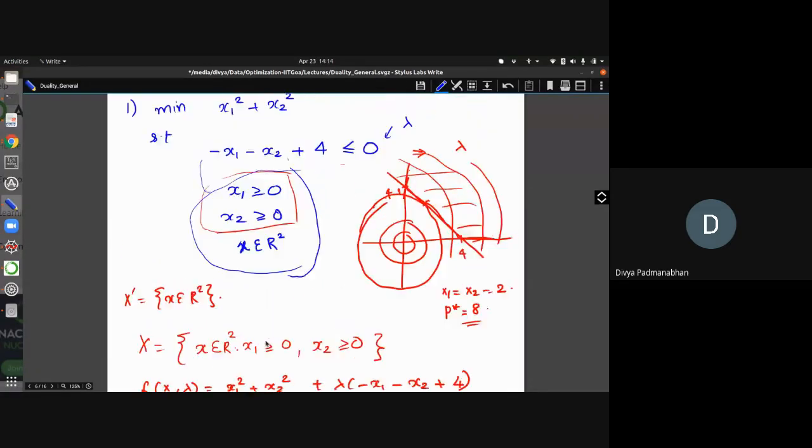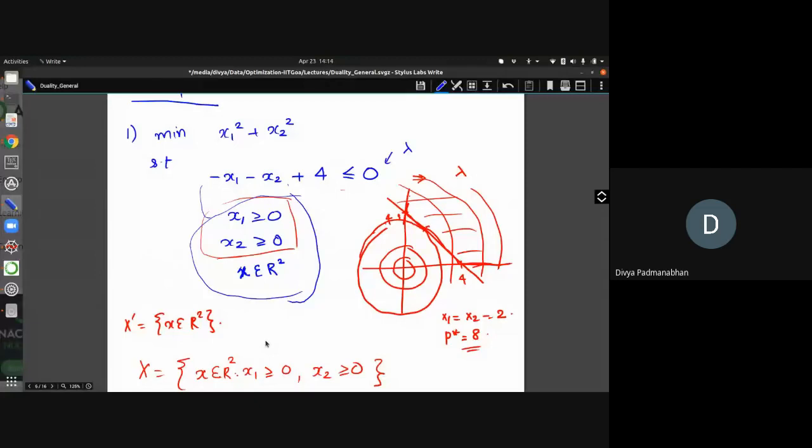So there is some flexibility for us when we write the dual.